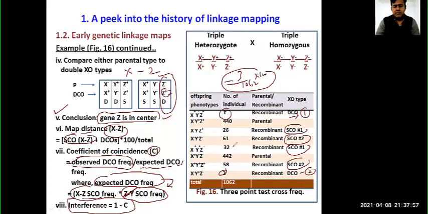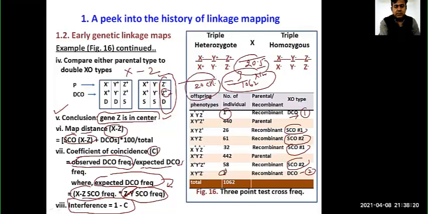What is the interference? By definition, what you can tell? Interference is exactly the gap between the actual map distance and observed. So suppose by the formula you are calculating there is a 20 centimorgan map, but theoretically this is 20.5. Okay, so this is the gap.